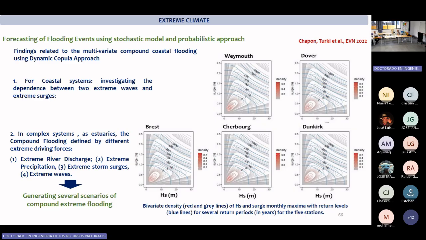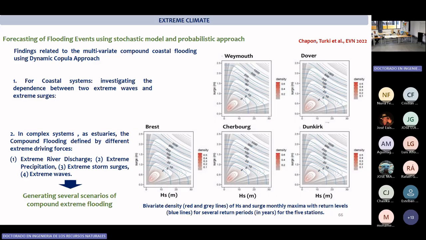You see here? So we have estimated the compound flooding related to both variables. And we have some extremes with assigned return periods, 2, 5, 10, and so on. So we have some curves, and we can use this graph to understand that for a return period, one value of waves and one value of surge give this combination.